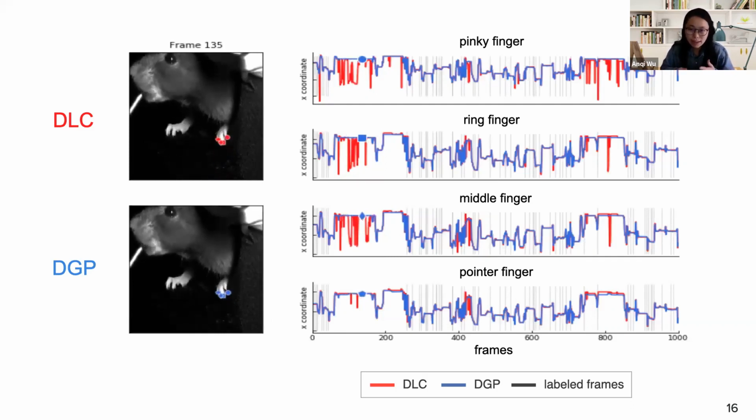However, this is exactly what we are trying to prevent. Besides, identifying these error cases without any ground truth knowledge can be non-trivial. So instead, the blue traces from DGP show us that we can do better even without adding additional label frames during the training process.